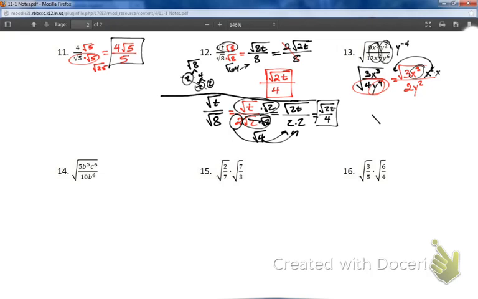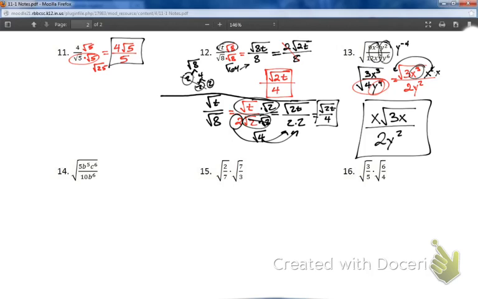So we have x on the outside, square root of 3 with that x on the inside, and then 2y squared. So, there you go. That's how you reduce that problem. Kind of a few steps there, but once you get the hang of it, this is really a pretty easy section.